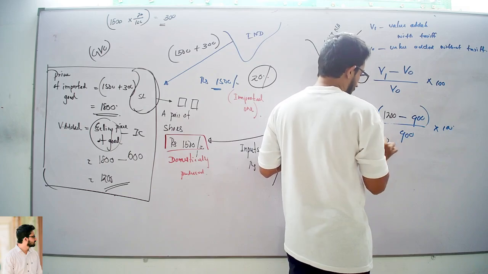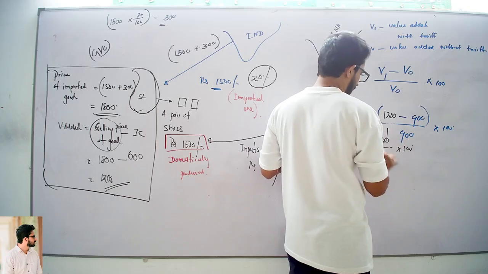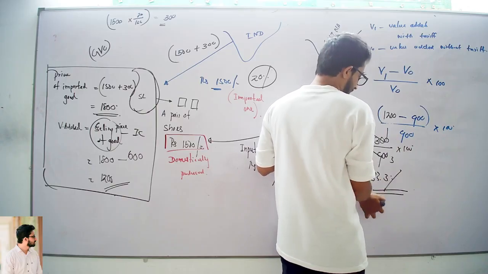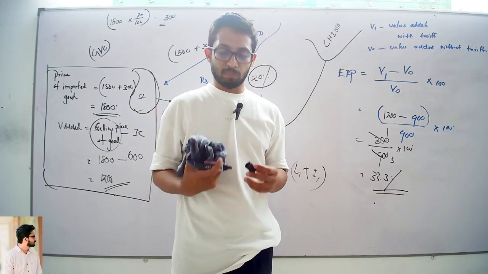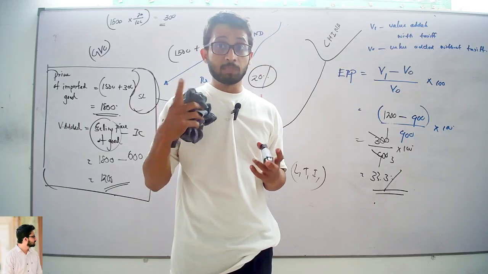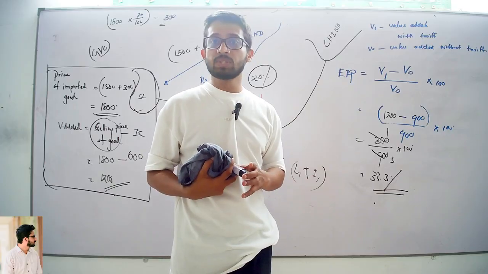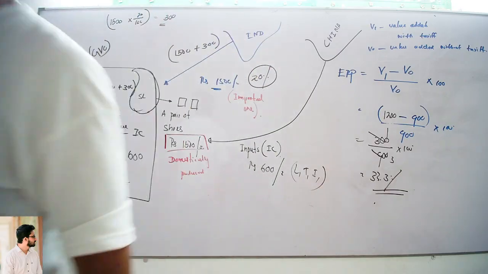Over 900 into 100, how much is the value? 1/3, that is 33.3. What does it mean? Due to the tariff imposed by the government on the imported product, the value addition of the domestically produced pair of shoes has increased by 33.3%.